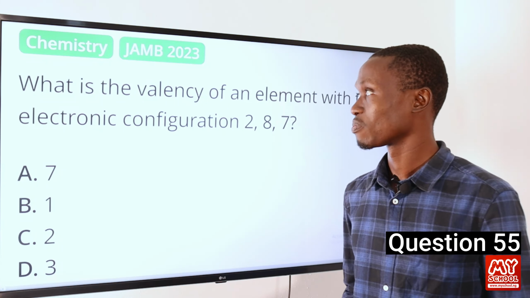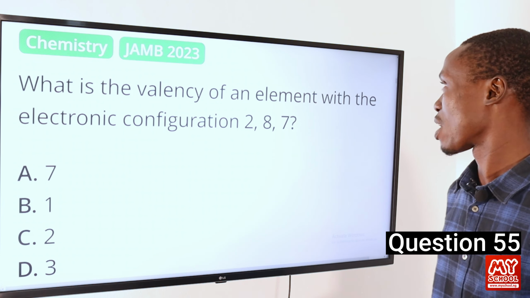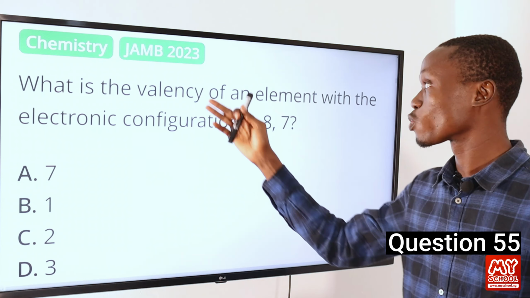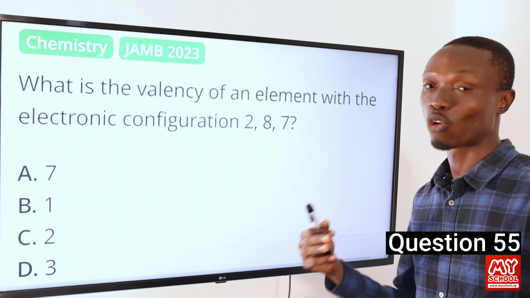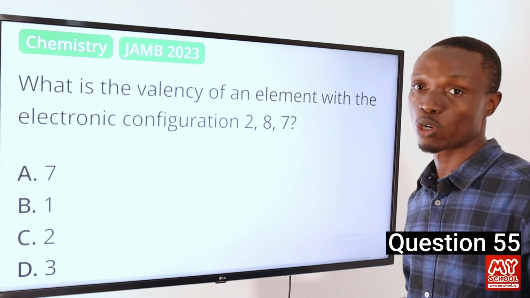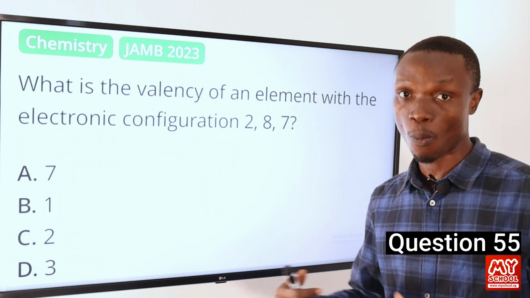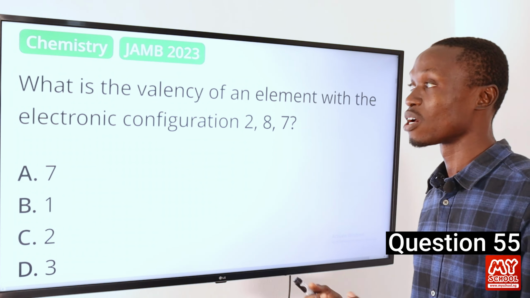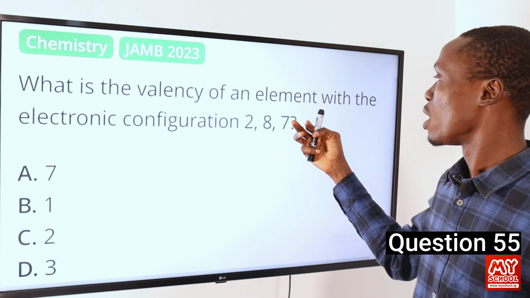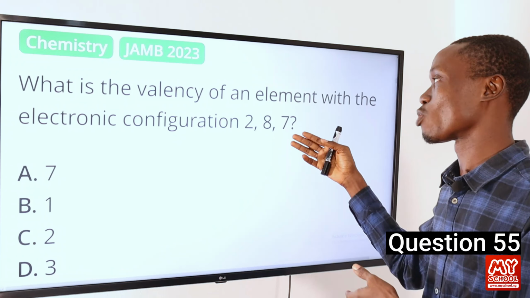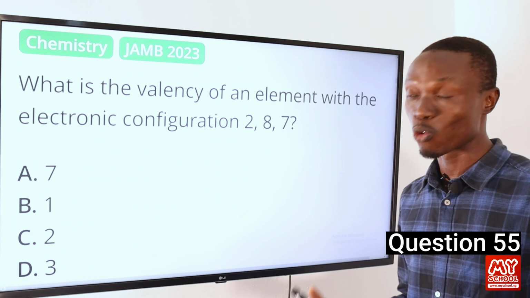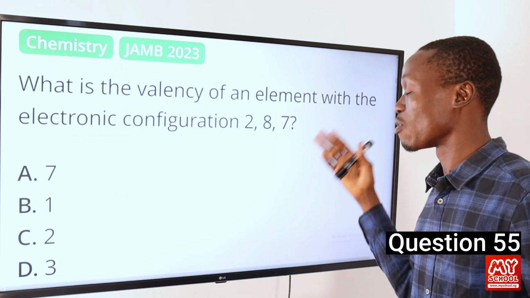Question 55. What is the valency of an element with the electronic configuration 2,8,7? So what do we mean by valency? It simply means the combining power of that element. When elements want to react with one another to form compounds or to form bonds, they do that with their valence electrons. So an element having this electronic configuration is actually chlorine, because the atomic number of chlorine is 17.